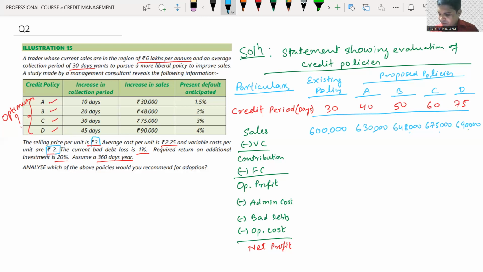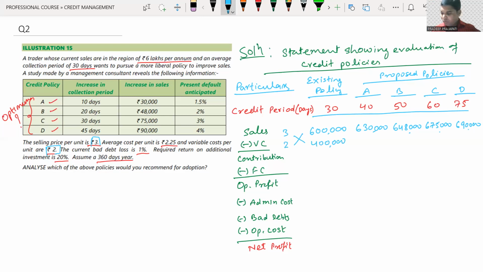So you can use this ratio, because variable cost is in proportion to sales. So if sale is 3, how much is variable cost? You can do cross multiplication, right? So 6 lakh into 2 divided by 3. 6 into 2, 12, 12 by 3, so 4 lakh. So variable cost will be 4 lakh.